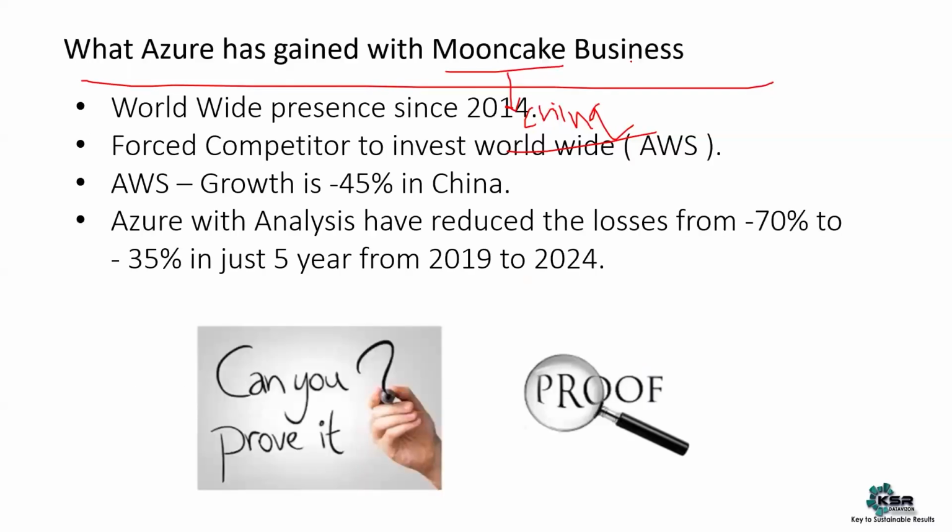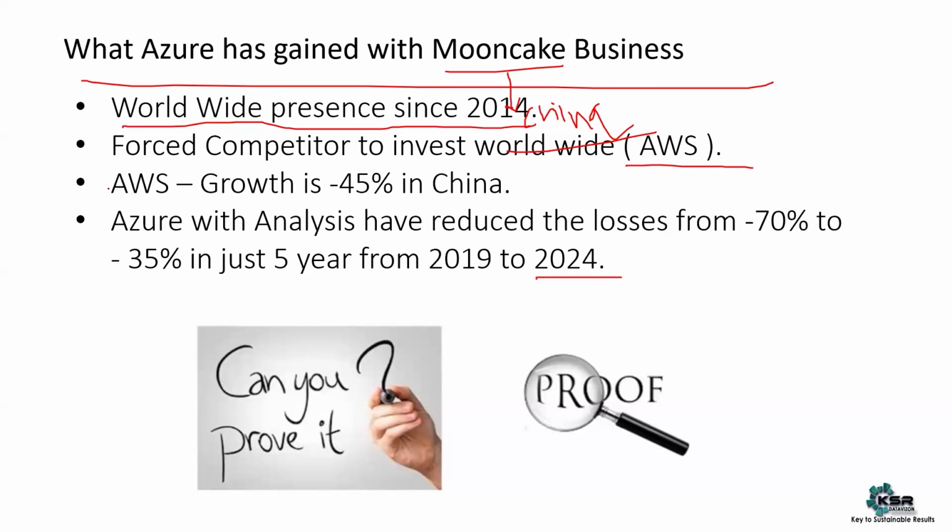If you see the important points, Azure has had a market presence since 2024, which is worldwide. AWS was not present in China until 2023. In 2024, they set up their business in China just because Azure has business in China.